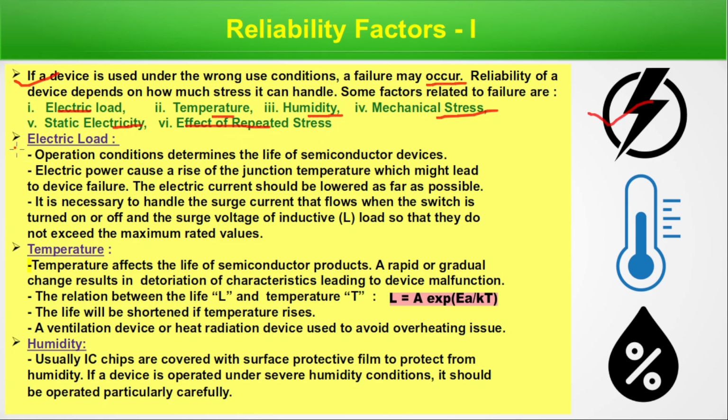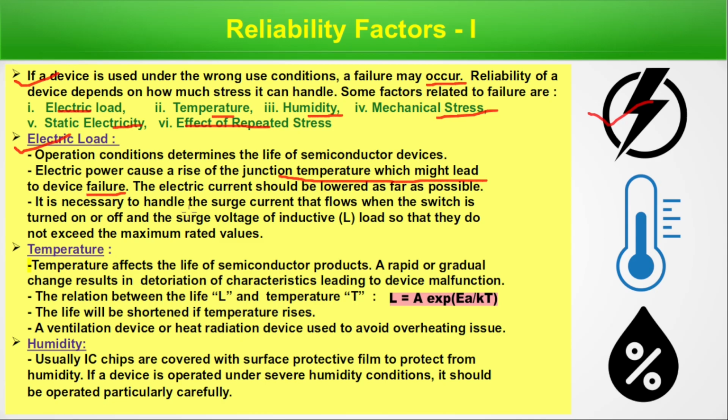So, electric load. Operation conditions determine life of semiconductor devices. Electric power causes a rise of junction temperature which might lead to device failure. Under which operation condition a device is used determines the life of that device. The electric current should be lowered as far as possible. In most electronic devices, electrical limit is mentioned. Voltage and ampere ratings are there. If we do not follow that rating while charging or using it, then the device can get damaged.